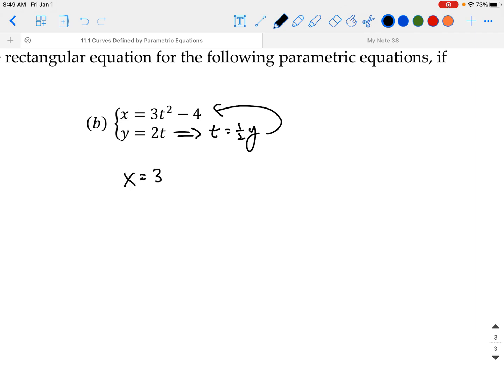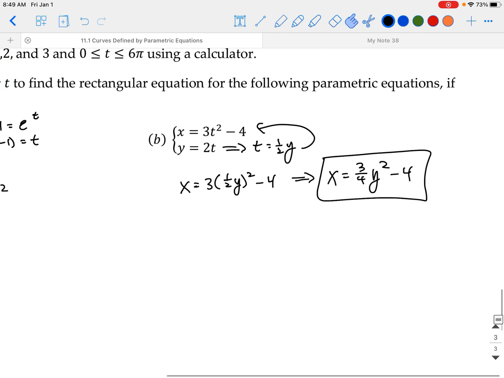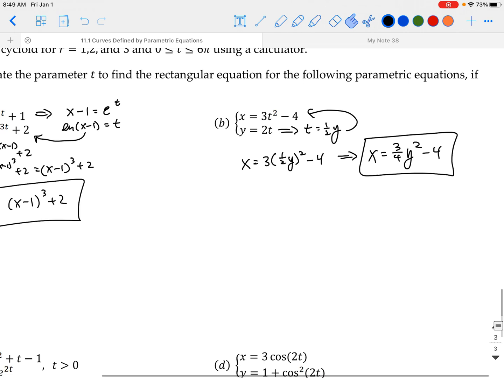So what we'll end up with is x is equal to 3 times 1/2 of y squared minus 4, which is going to end up being x equals 3/4 y squared minus 4. So now it's going to be a function of y instead of a function of x, but that's perfectly fine. So it's still a rectangular equation.